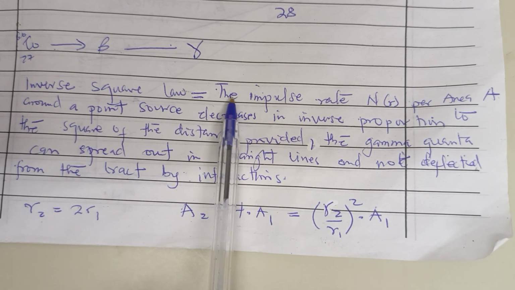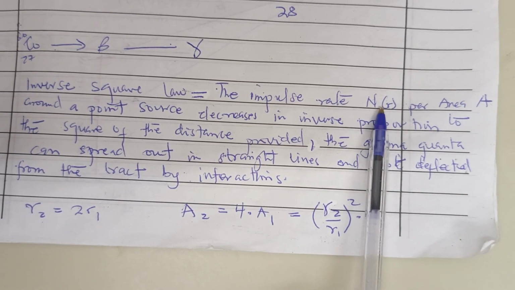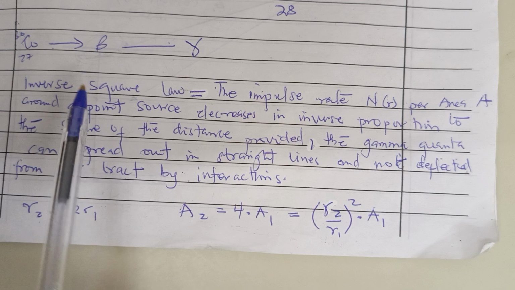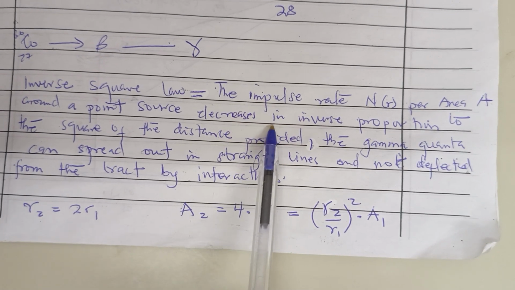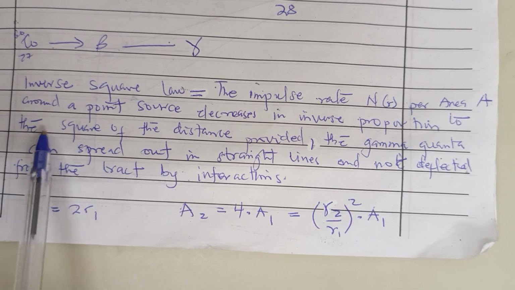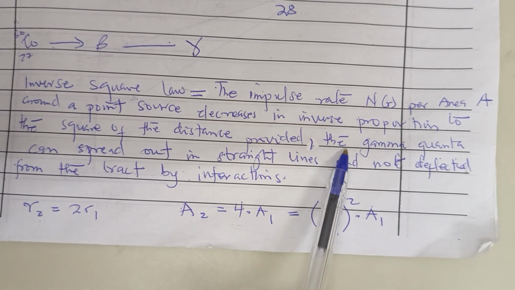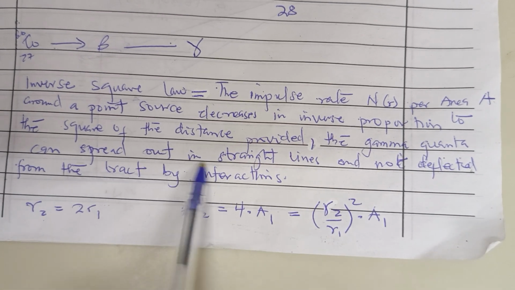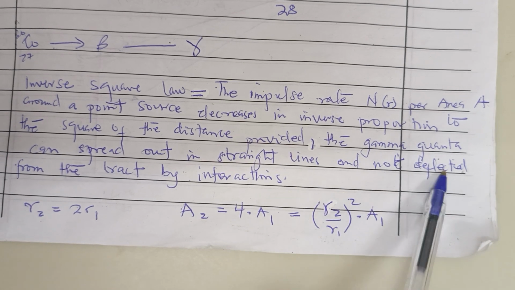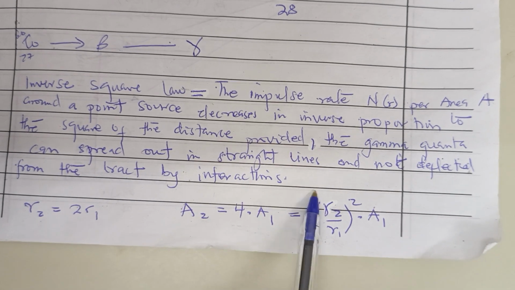Now there's a little definition of the inverse square law. It tells us that the impulse rate I per area around the point source decreases in inverse proportion to the square of the distance, provided the gamma quanta spread out in straight lines and are not deflected from the track by interactions.